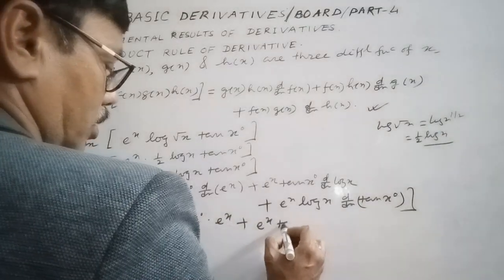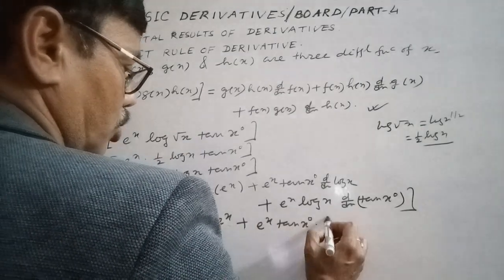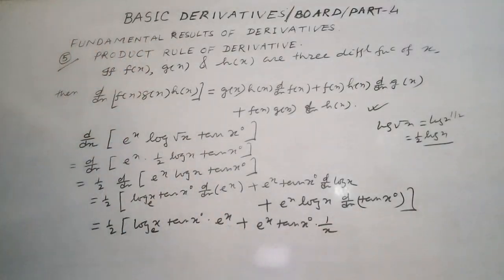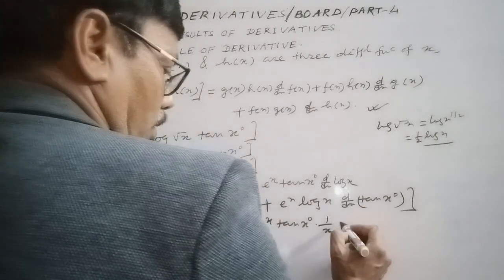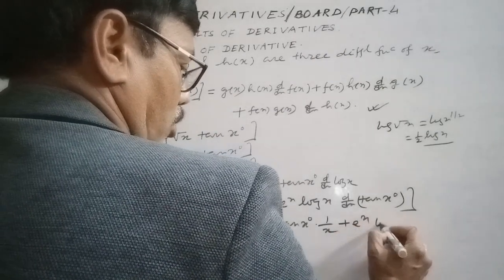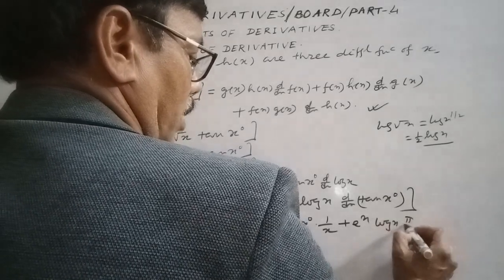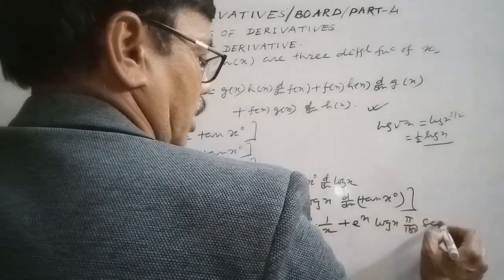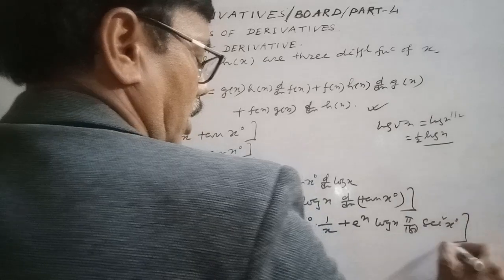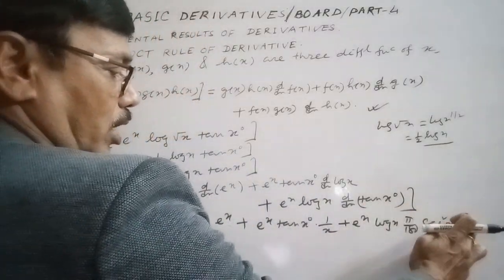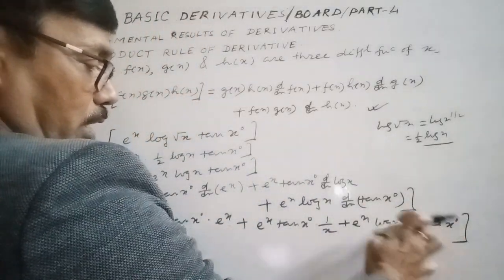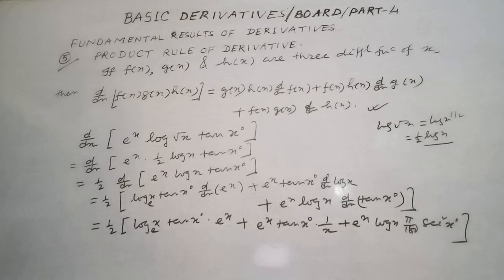E to the power x, tan x degree unchanged, derivative of log x is 1 by x. Then e to the power x, log x unchanged, pi by 180 sec square x degree. Derivative of tan x degree is sec square x degree, to be noted, multiplied by pi by 180.